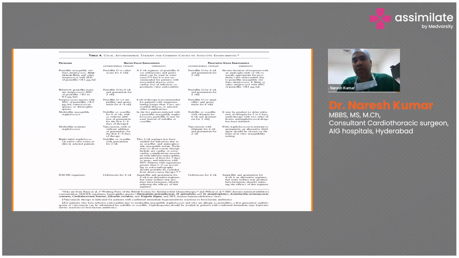If the patient has any complications or embolic symptoms, it is definitely an immediate surgical indication, and we proceed with surgery, do source control, and then continue the antibiotics.